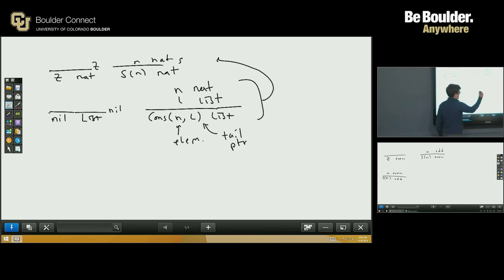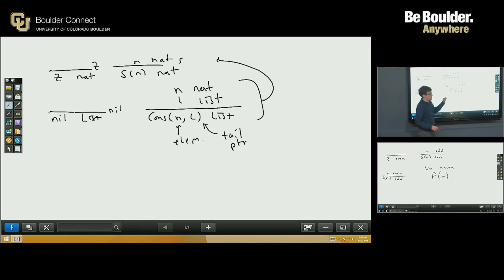If I'm trying to prove for all n, some property P of n holds, for all n where n is even, let's say, is that going to be strong enough? In other words, if I'm just talking about the even numbers and trying to prove properties about them, will I have enough reasoning power to do it?